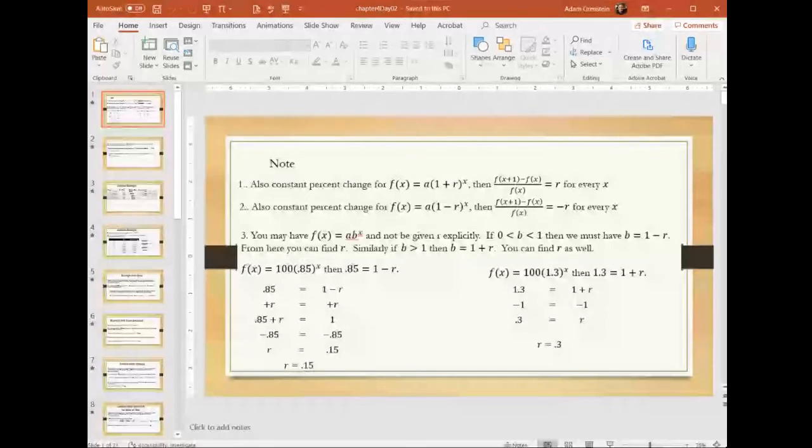It was very different from a linear function, mostly because with a linear function, the output changes by adding or subtracting a fixed number. That's what the slope was. For exponential functions, they change at a constant percent.